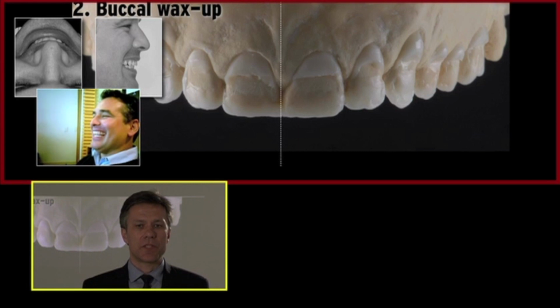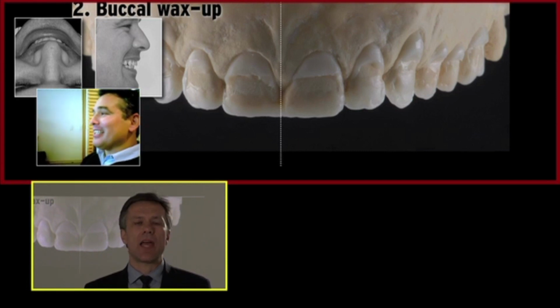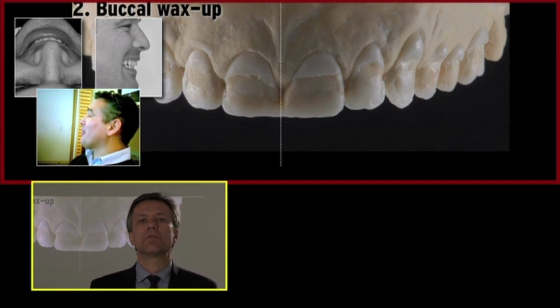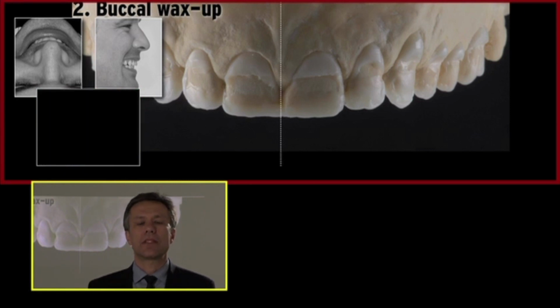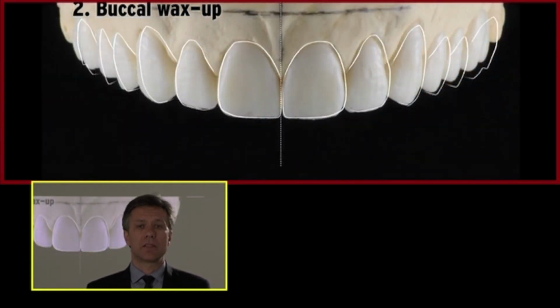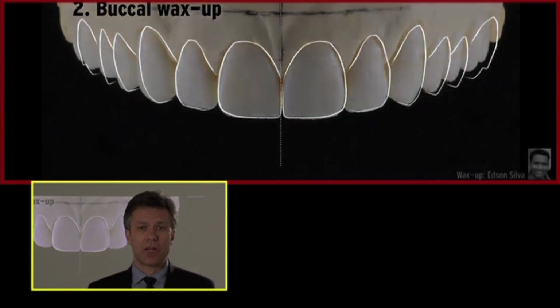So far, we start by the incisal edge, and then we go to the cervical area. These are the things that we have to take care of, that we have to evaluate when you're trying this as a mount. The buccal wax up is ready so far.